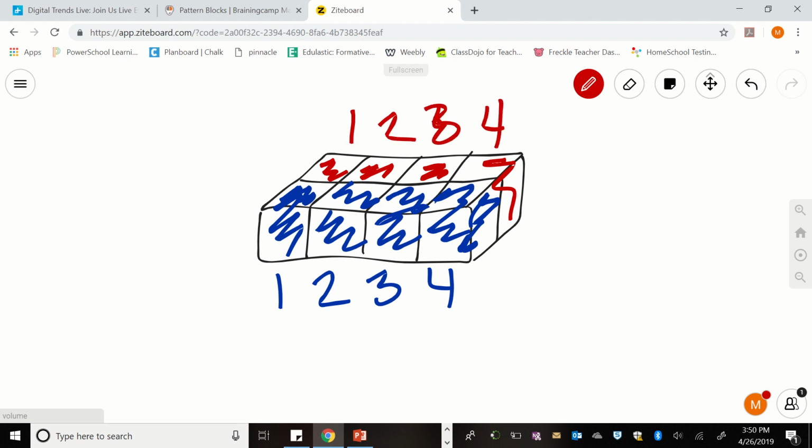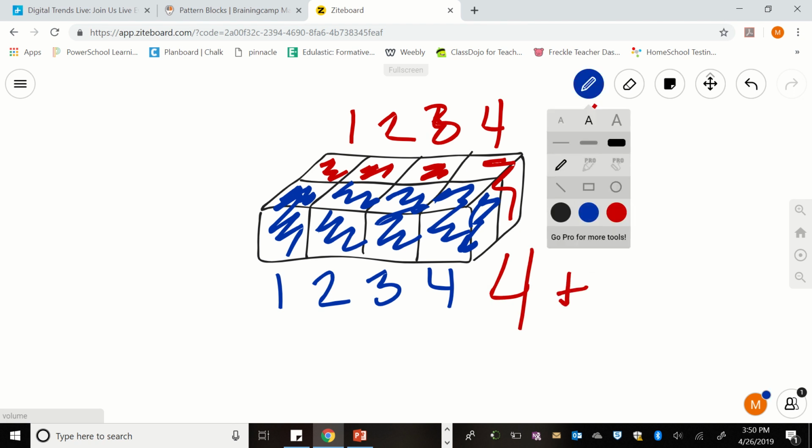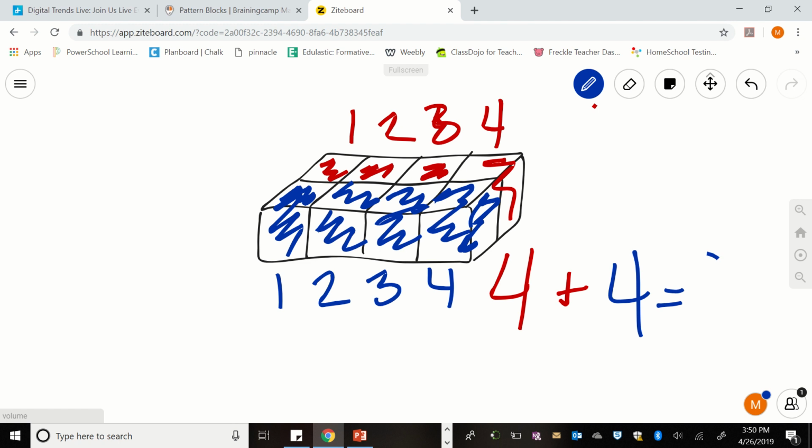If you add all those together, we have 4 red plus 4 blue, that equals 8. If we were measuring in centimeters, it would be 8 centimeters cubed. So when you're dealing with just a couple of cubes put together, you can just count them up and see how many cubes there are.